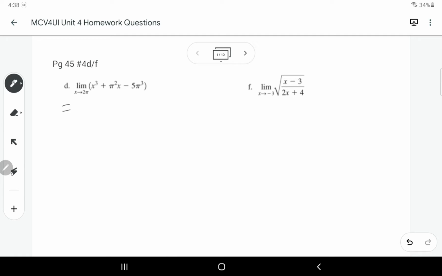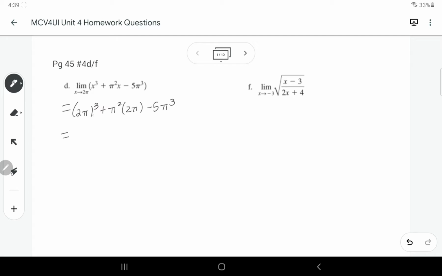So here we've got the limit as x approaches 2 pi of this function, and we don't actually have any indeterminate form. We can just do a direct substitution. So this is going to be 2 pi cubed plus pi squared times 2 pi minus 5 pi cubed.